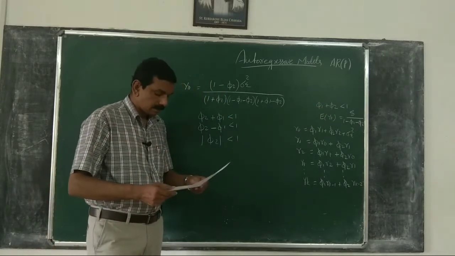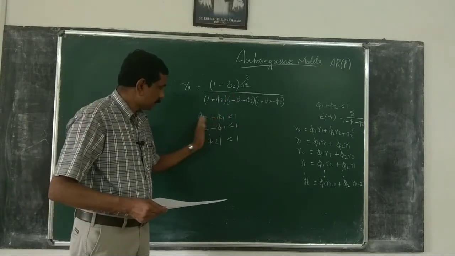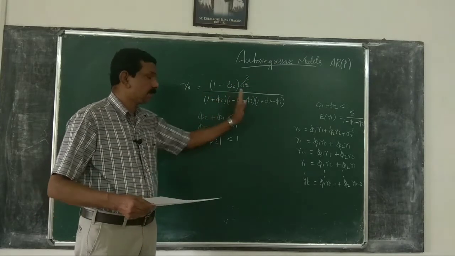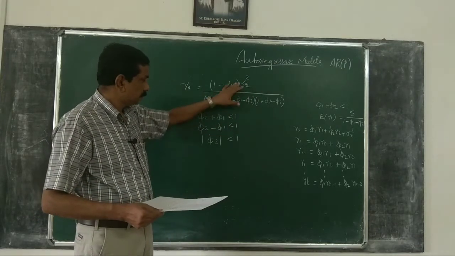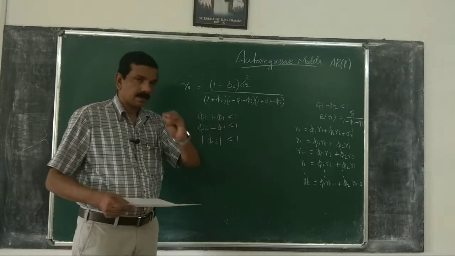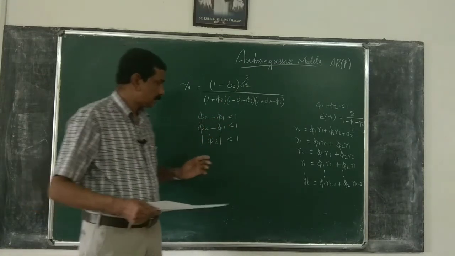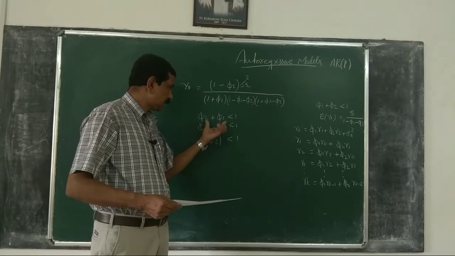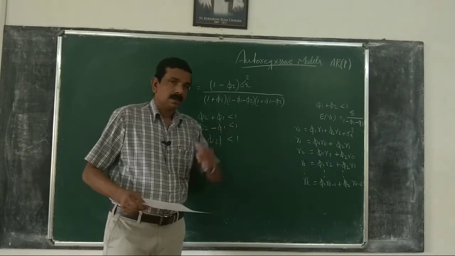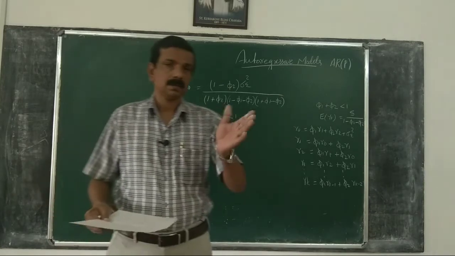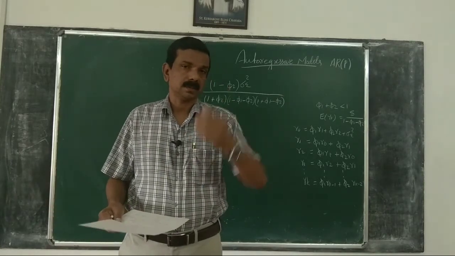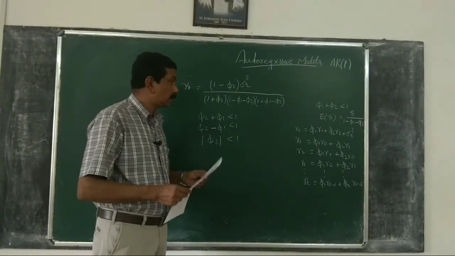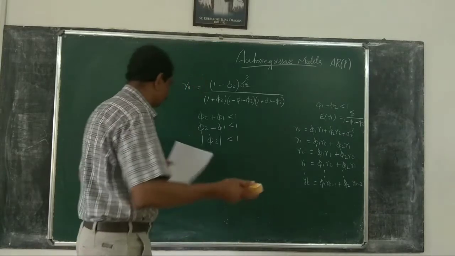Otherwise, if these conditions are not satisfied, you can substitute these values in the variance formula and the variance becomes infinite. For the AR1 model, the only stationarity condition is absolute value of phi 1 is less than 1. For AR2, stationarity conditions are 3. Or stated differently, all the roots lie outside the unit circle. Both are same.